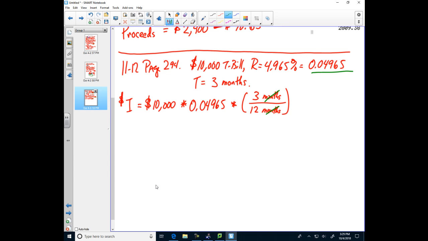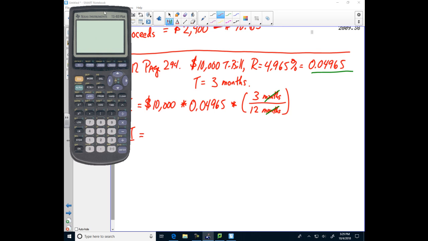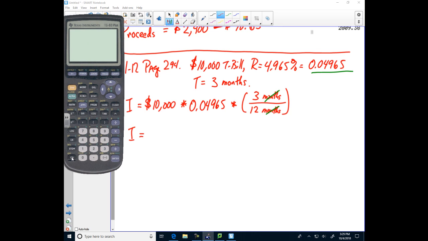Now if you sit there and you say 3 divided by 12 is 0.25, I'm fine with that, because it is. So now let's multiply this out, and we'll find out how much interest as far as dollars we're going to be getting for the government having our money for 3 months.